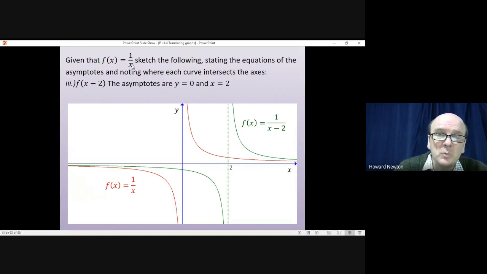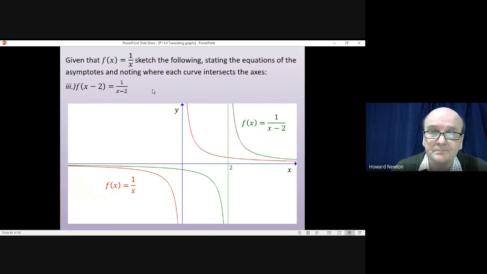Now, we only have x in one place. It's just 1 divided by x. But instead of writing x, we write x minus 2. So f of x minus 2 is equal to 1 divided by x minus 2. You just replace the x value by whatever it says here, which in this case is x minus 2.